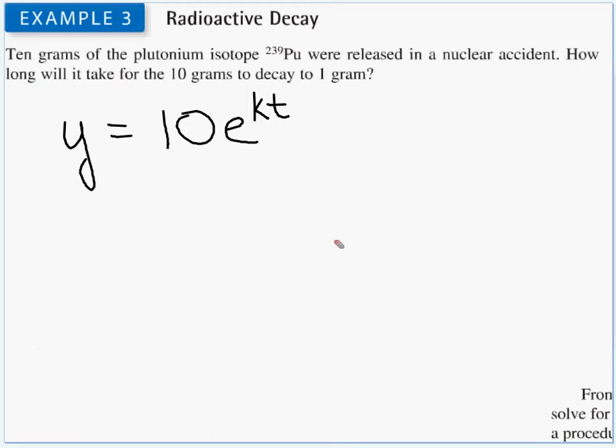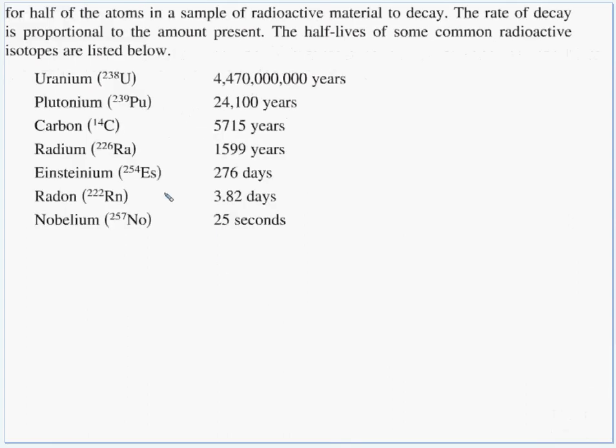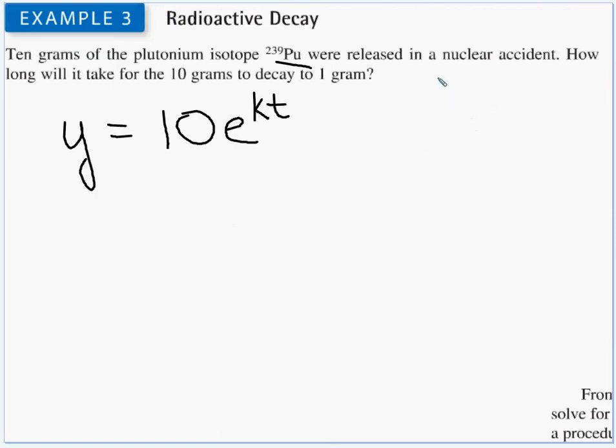So now this brings us to the question, where's our next point? We need another point to solve for k. Plutonium is right here. It takes 24,100 years for half of it to decay away. So remember, our points here are t for time, y for the amount of plutonium.